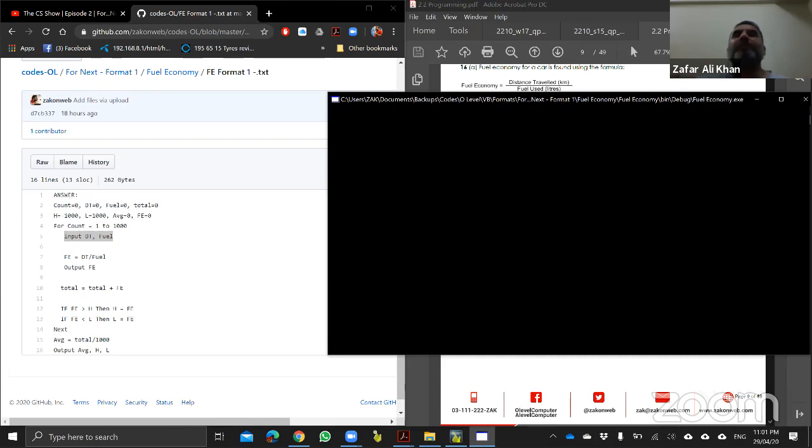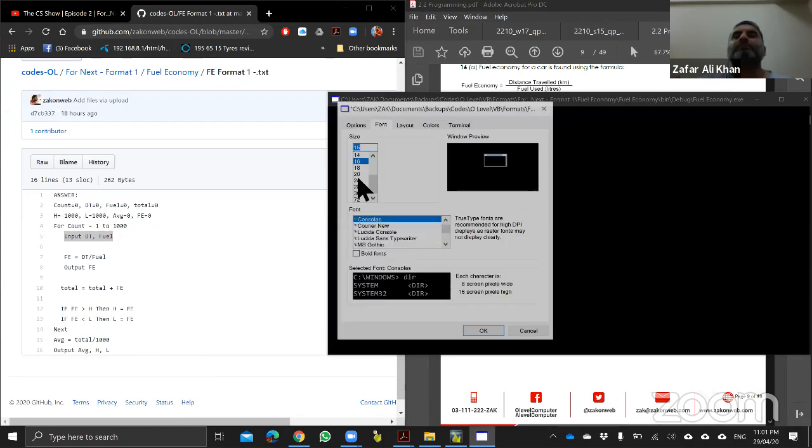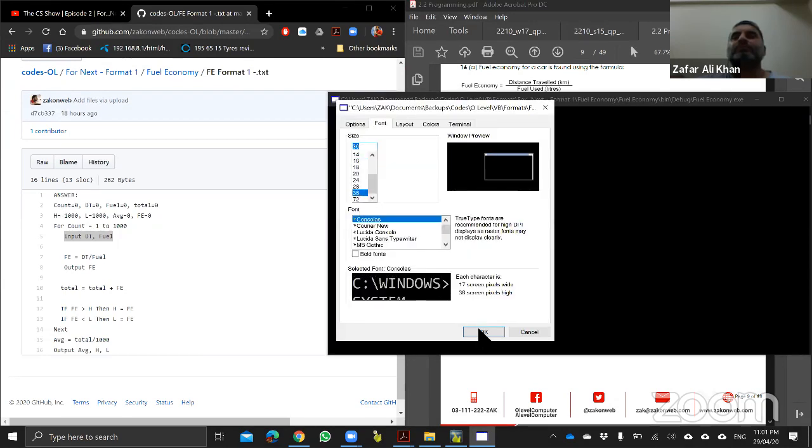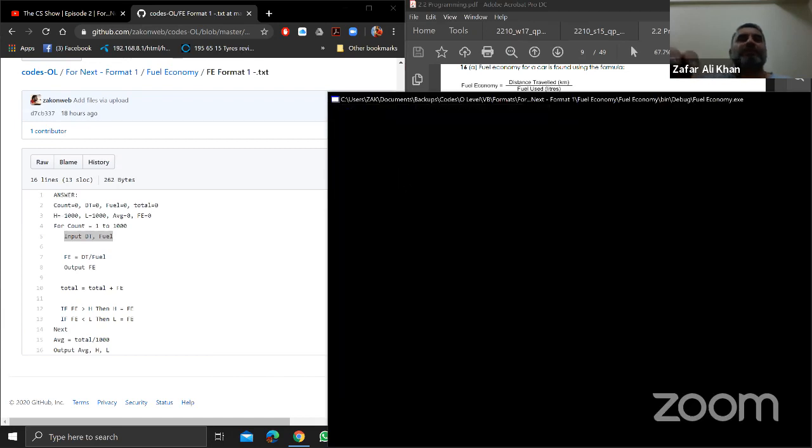Let me open up the program and make the font bigger. This is the distance traveled. Let's say I have traveled 100 kilometers. Now it is asking for the fuel used. Let's say I use 23 liters.